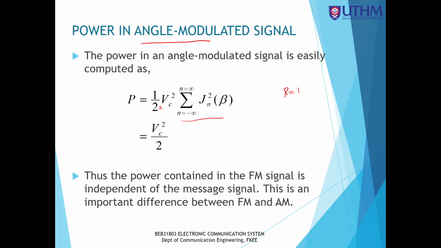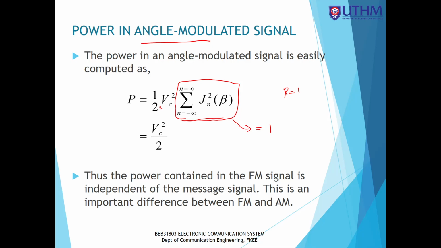You see this part, the Jn square part. According to the Bessel function properties, the summation of Jn square from minus infinity to infinity is equal to 1.